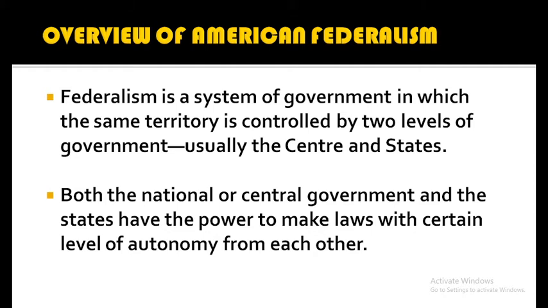In other words, in a federal system there are always two levels of government, one at the center or national level and another at the provincial or state level. In the case of the United States, there is the federal government at the center and the 50 states on the other that make up the United States Federation.